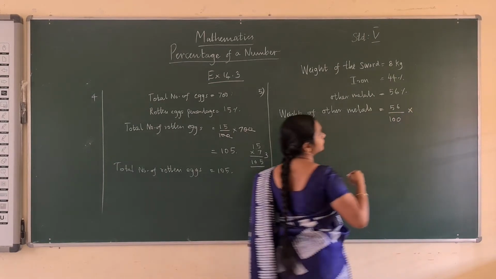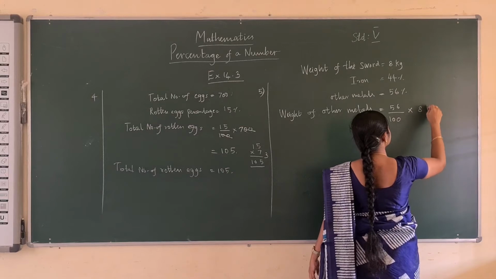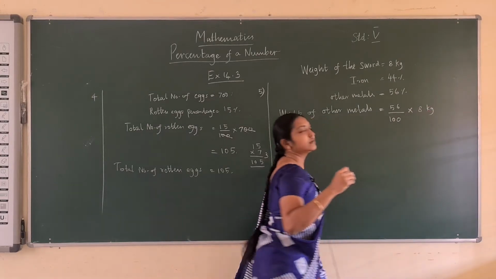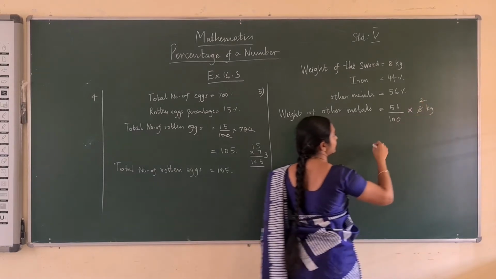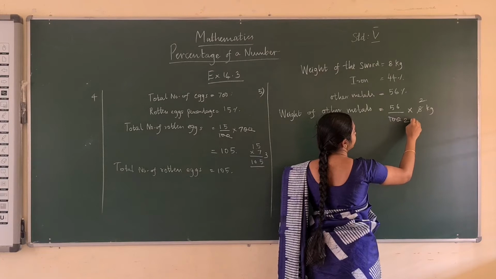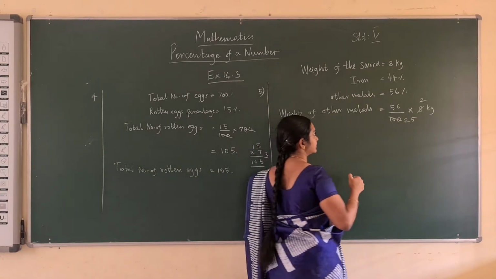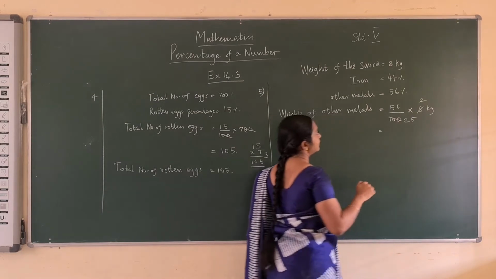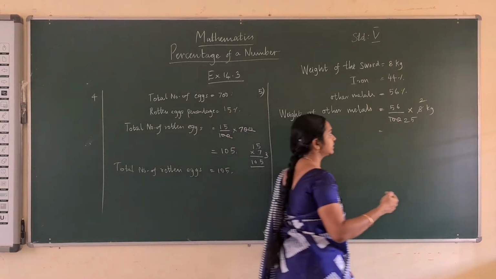And we have to find it for 8 kg. Now simplify. 2 4s are 8. 25 into 4 is 100. Now we have to multiply 56 and 2 and divide it by 25.